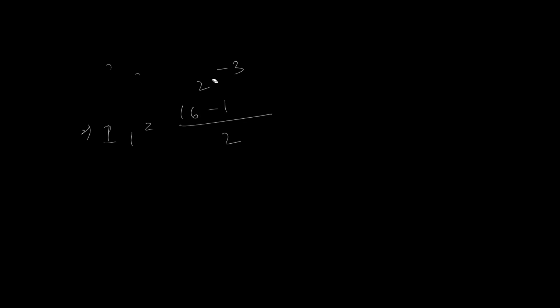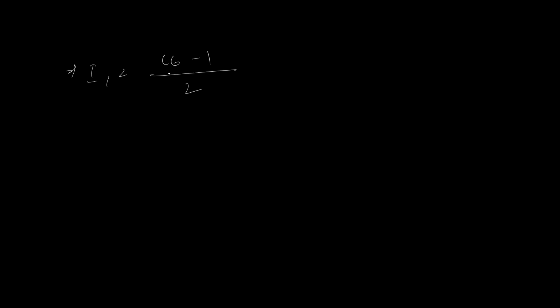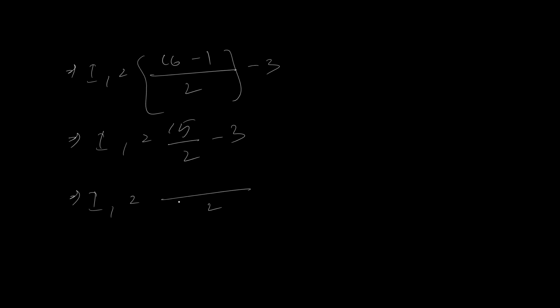So I1 equals, taking LCM 2, 16 minus 1 over 2, minus 3. So I1 equals 15 by 2 minus 3, which is 15 minus 6 over 2. So I1 is equal to 9 by 2. Okay, I1 is 9 by 2.